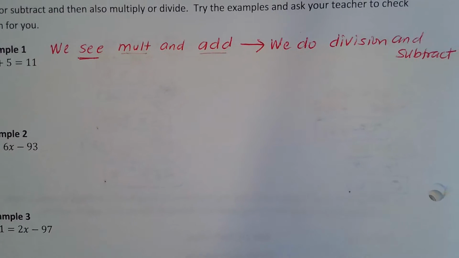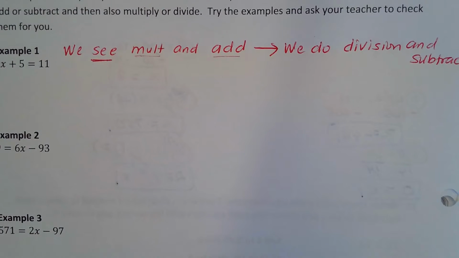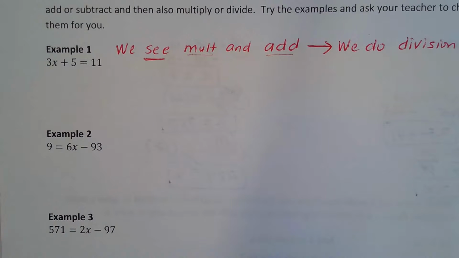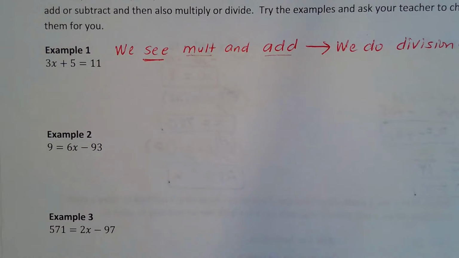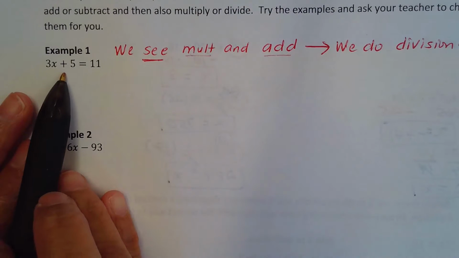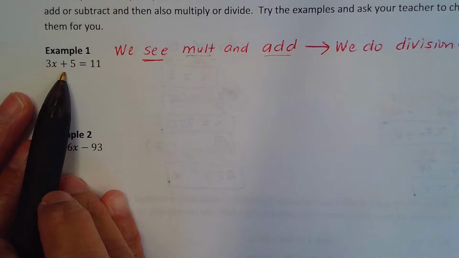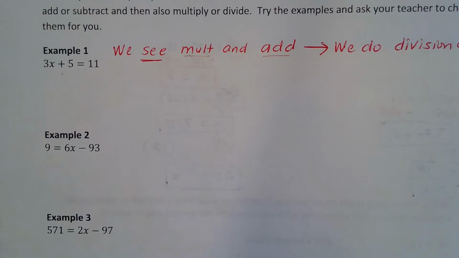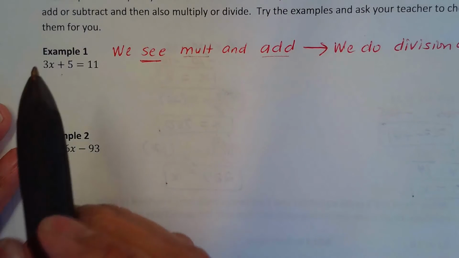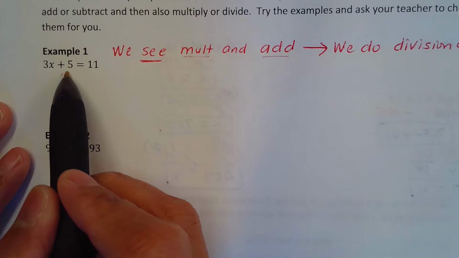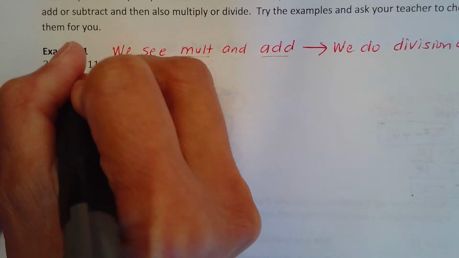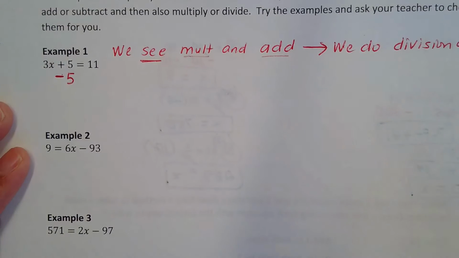The equation equals 11. Because we have division and subtraction to do, which one do we do first? The first thing we're going to do is subtract the 5. We deal with adding and subtracting first, and then do the division and multiplication after. So here, we subtract 5 first.